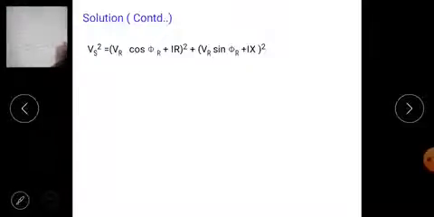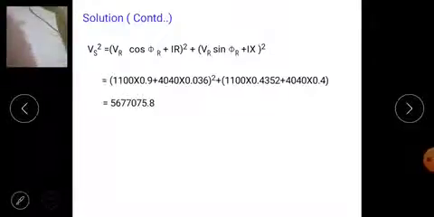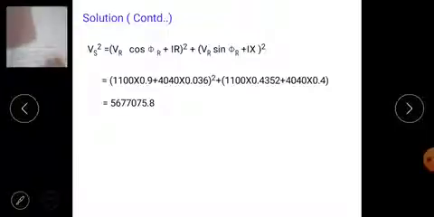XL is 0.02. So Vs square is equal to 5677075.8. So Vs is equal to 2382.6 volts.